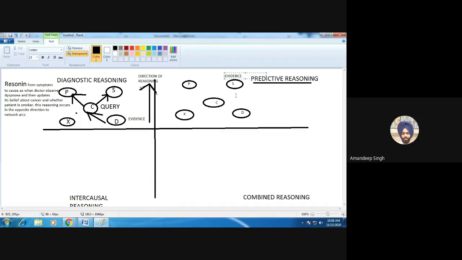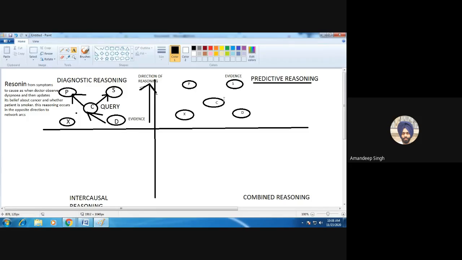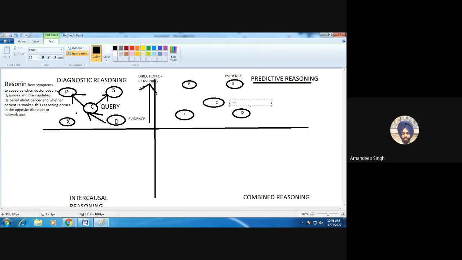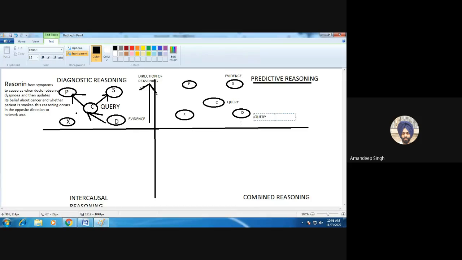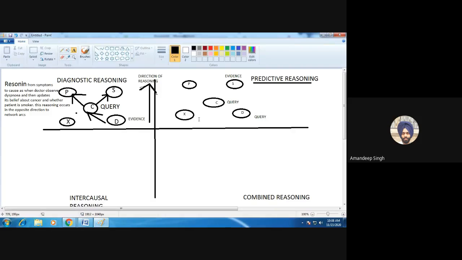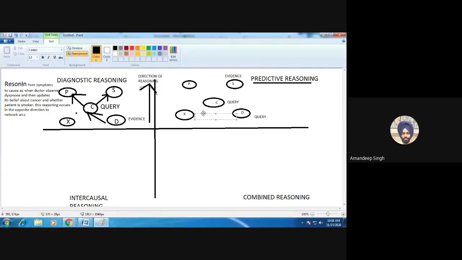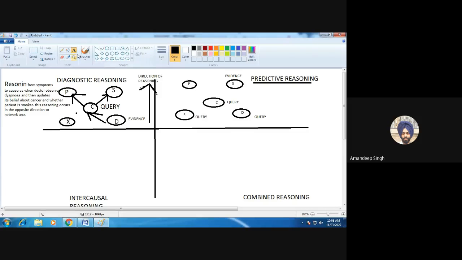Now the query will be here, and the query will also be here, also here.